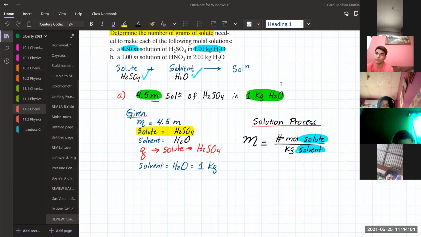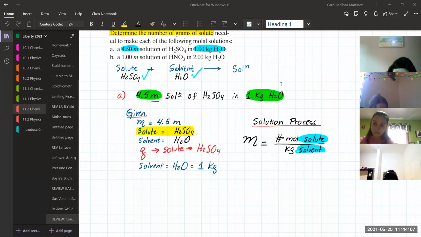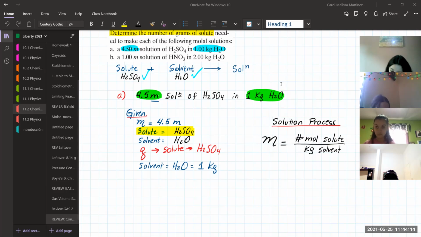Now I'm just going to focus on the solution process. According to the solution process, I need to find the number of moles of solute, which means that I need to do an isolation, okay? This isolation is very simple. The kilograms of solvent are the denominator, okay?